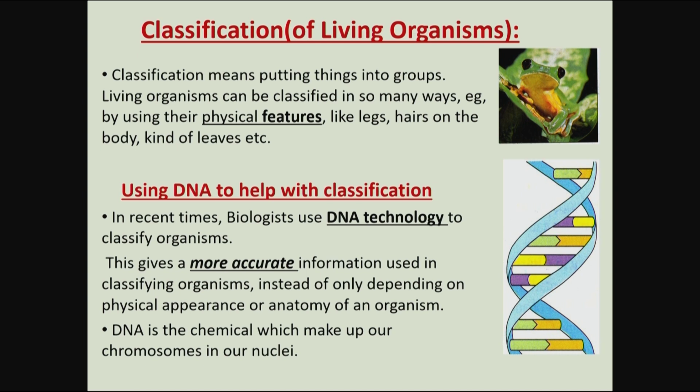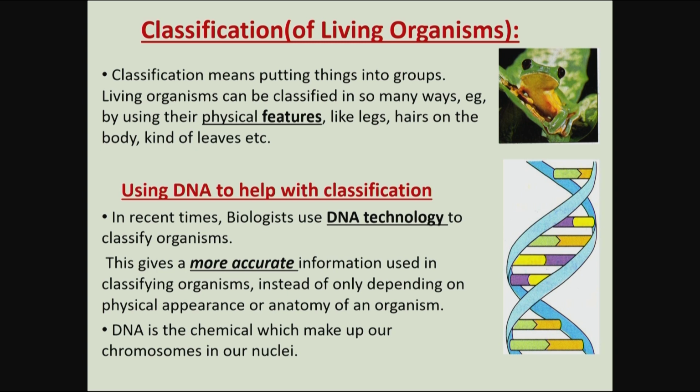Previously, in olden days, we used to only use the physical features and anatomy of living organisms to classify them into different groups. But with the coming of technology, we are getting into DNA. We're going into the nucleus and finding out about the DNA.